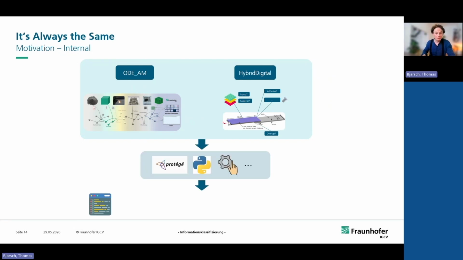What I did then is using a bunch of different tools, like for example Protégé to create the classes, then creating a bunch of Python scripts which read in the files, transform the different file formats, then having the mapping, so from the raw files to the classes, then lots of manual tweaking in different scripts.